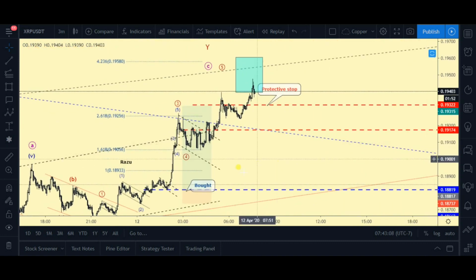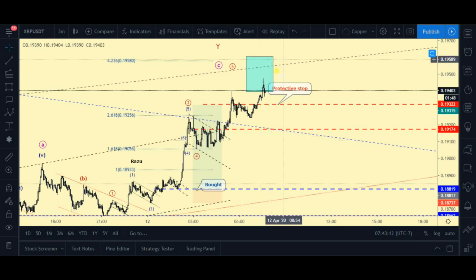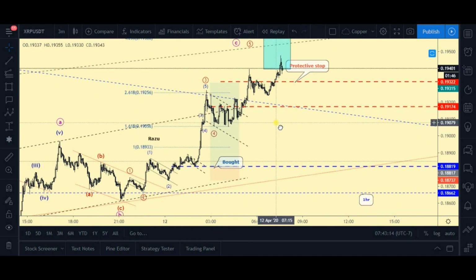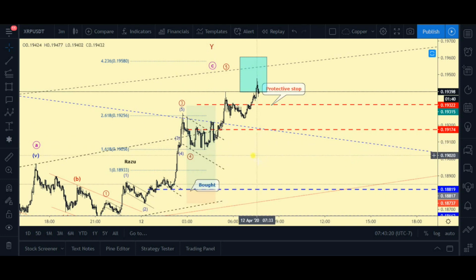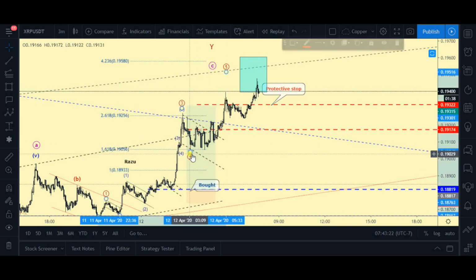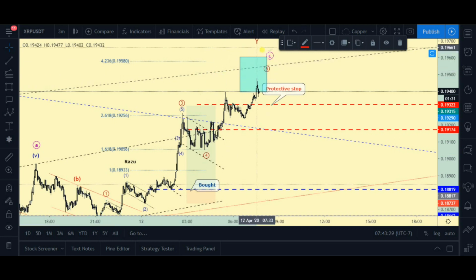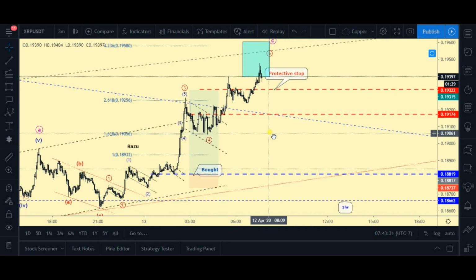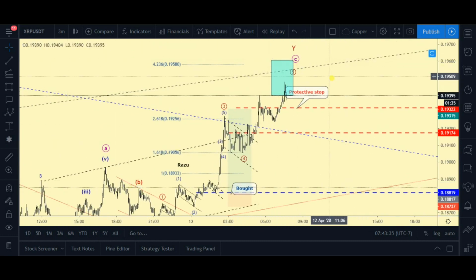So usually trading these kinds of impulsive waves, wave 3, wave C and wave A, can be a very profitable trade. So now we have this as wave 4 and wave 5 in progress. So this might be the C wave, or this might be the third impulsive wave.